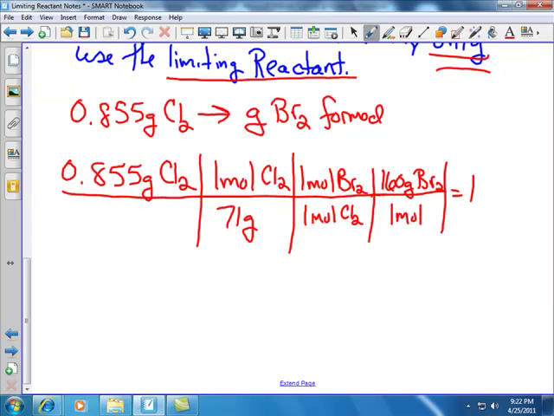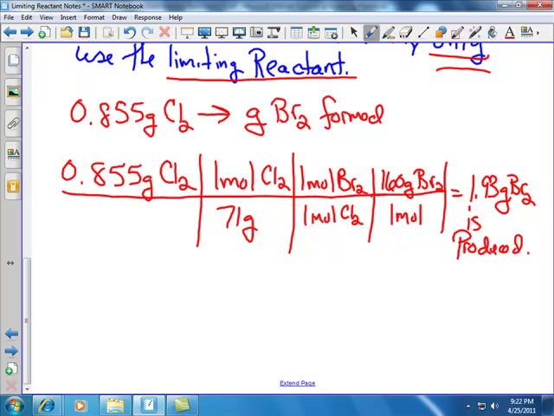And so that's going to be 1.93 grams of Br2 is produced. And again, that would actually go back to what we were doing the other day. That's a theoretical yield. That would be, in theory, what could be produced.